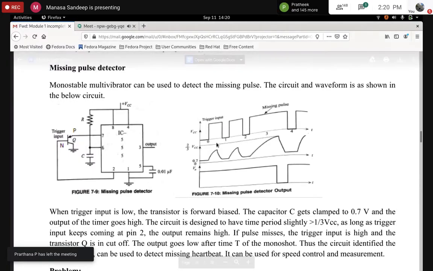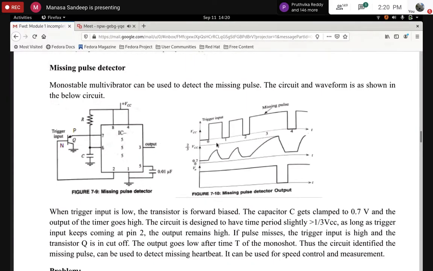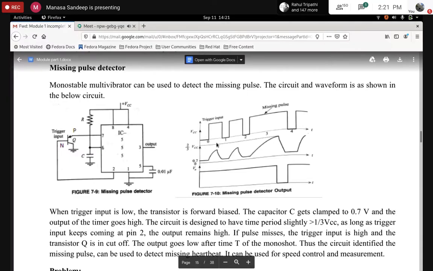So when you apply a low trigger to the n type base of the PNP transistor, you are applying low to N. Low to N means it's like the negative terminal of a battery to N. It's a forward biased condition, correct? P to the positive terminal, N to the negative terminal. Here, the low trigger is nothing but what you can see here. So this is the low trigger.